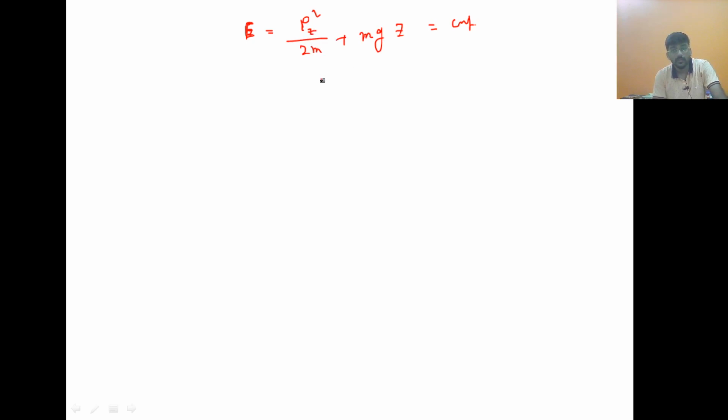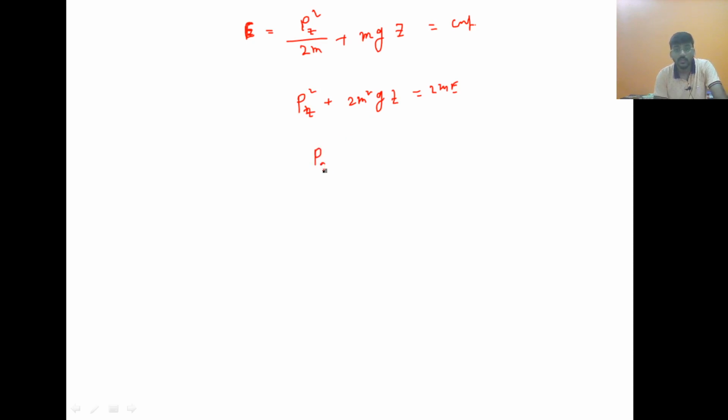Okay, so let me take it in another way also. If we solve this, that is pz square plus twice m square gz is equal to twice m E. Just multiply both sides by 2m. Here E is constant and mg also constant.